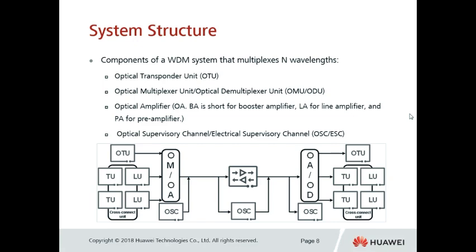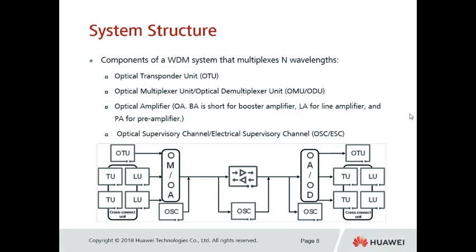But we must have one unit to help us realize this process. That is the optical multiplexer unit, OMU. OMU can help us multiplex all the wavelengths into the same fiber. Because the OMU is a very big unit, during this process it will have a very high attenuation, I mean insertion loss, for your service.